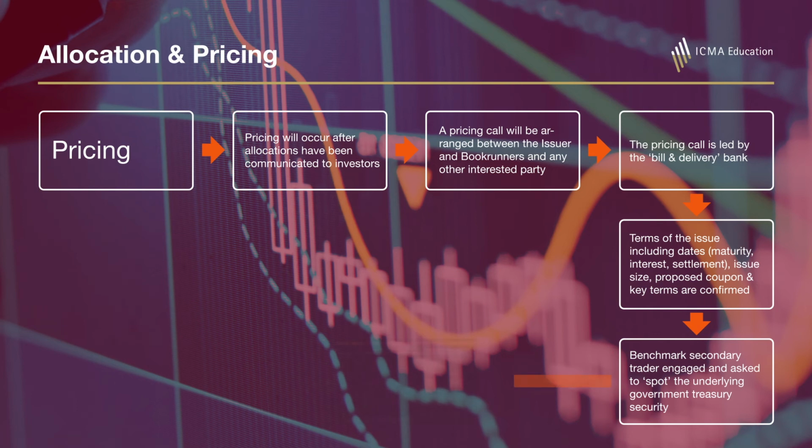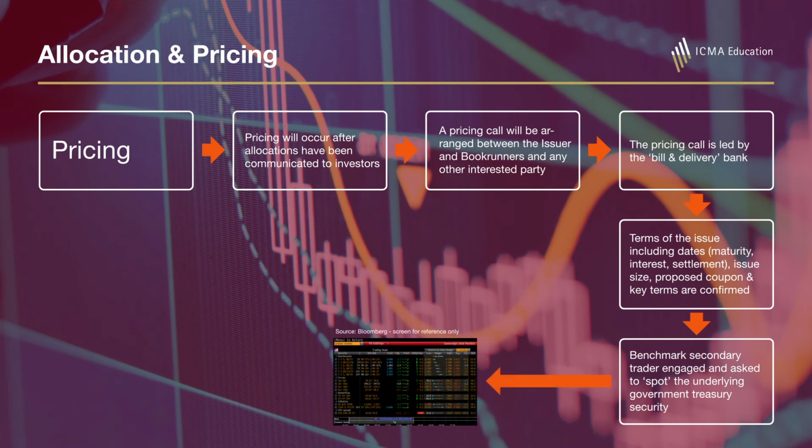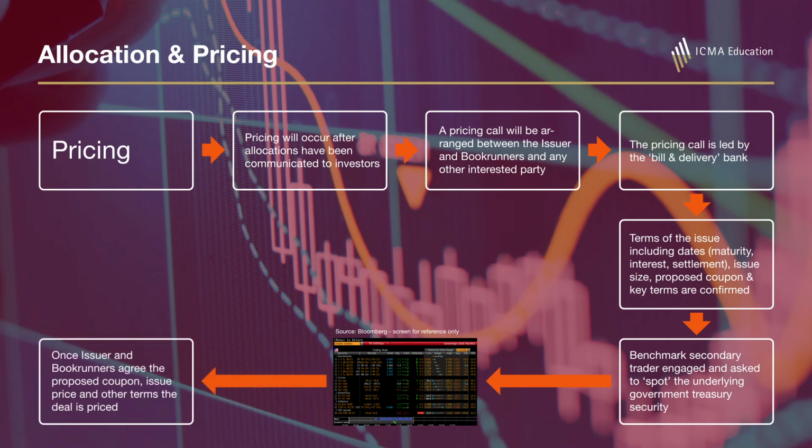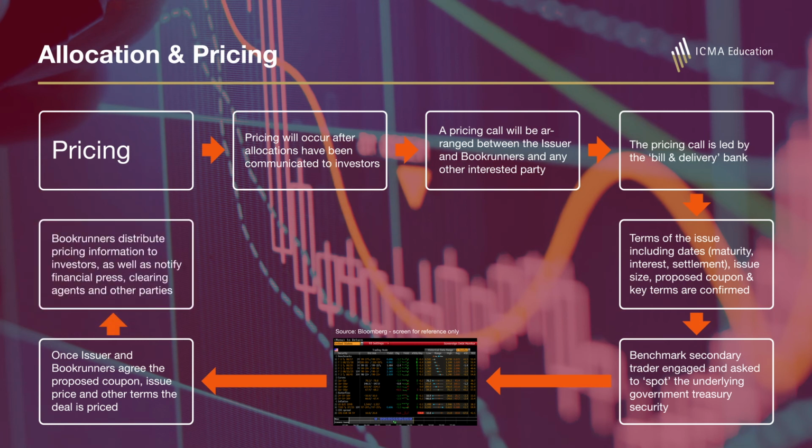So that trader will consult its Bloomberg screen, for example, and quote the yield and price on the underlying government security. And that enables the bond itself, the new issue bond, to be priced. So once the issuers and the book runners have agreed the proposed coupon, issue price, and other terms, the deal is effectively priced, and the details can be distributed through to the investors.